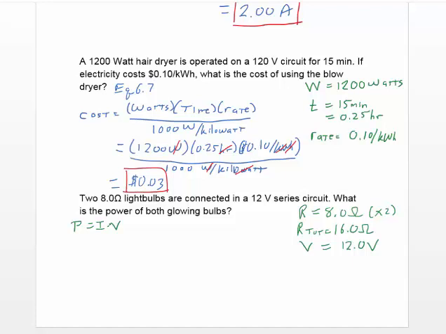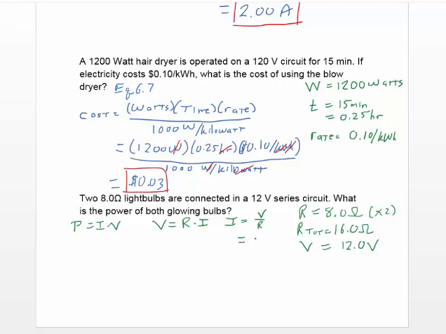So the current, how do we find that? We know that, again, voltage equals resistance times current, or current equals the voltage divided by the resistance.